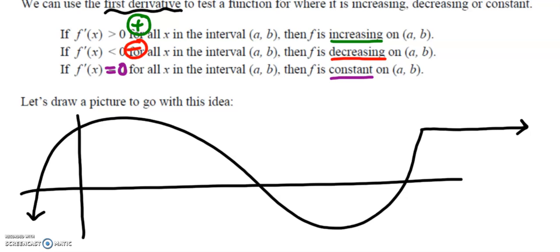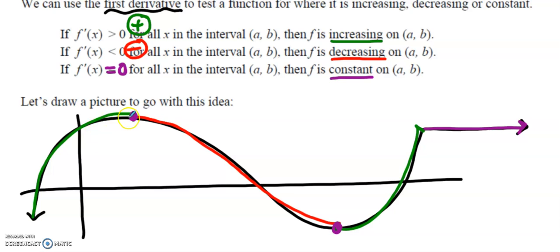And I'm going to go through and highlight all of the places where f is increasing. So f is increasing until about there. F is increasing until there. Then all the places where f is decreasing, I'm going to put in red, decreasing. And then all the places where f of x is constant, so a brief 0, or maybe an interval of 0, are going to be in purple.